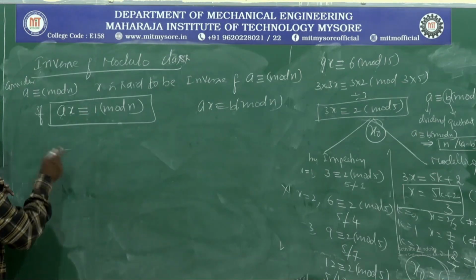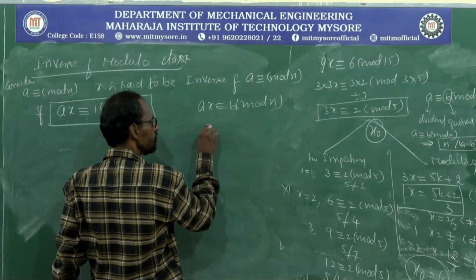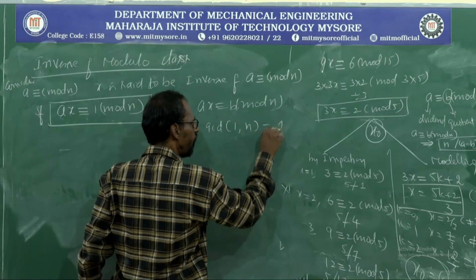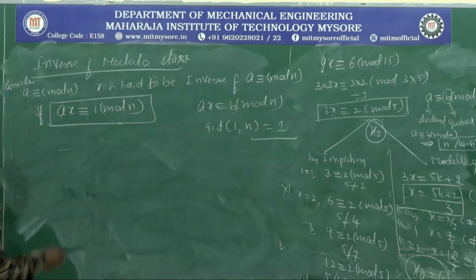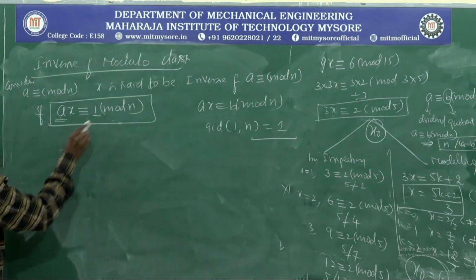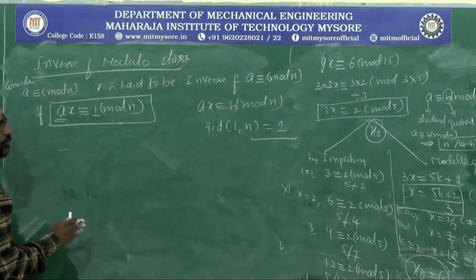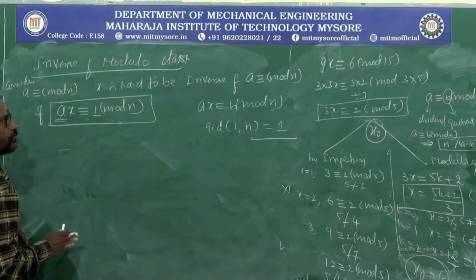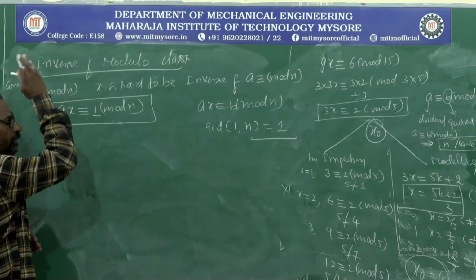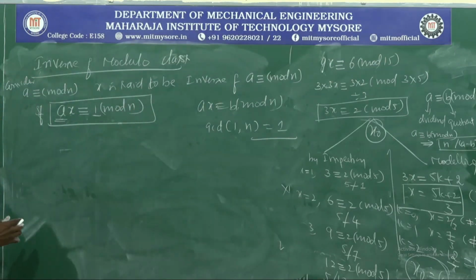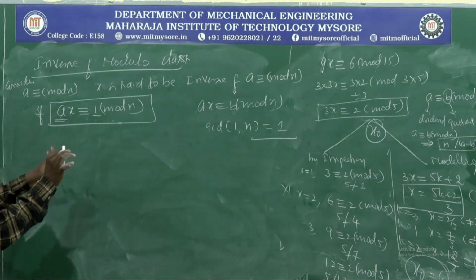What is the GCD between the given number and 1? The GCD of 1 and any number is always going to be 1. See, A and 1, always GCD is 1. Once the GCD is 1, only one solution you can find, which is according to classical linear algebra: in every group, the inverse element is always unique.